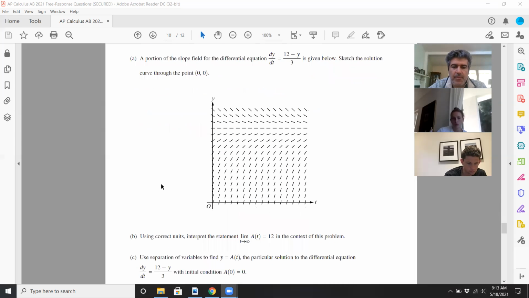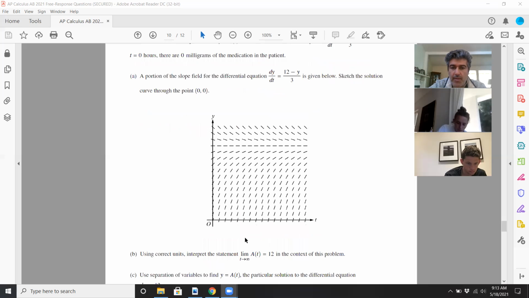For B, interpret what that means. Now, t is approaching infinity, and they tell you the limit is 12.